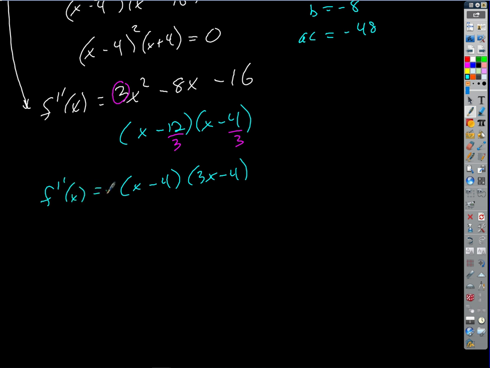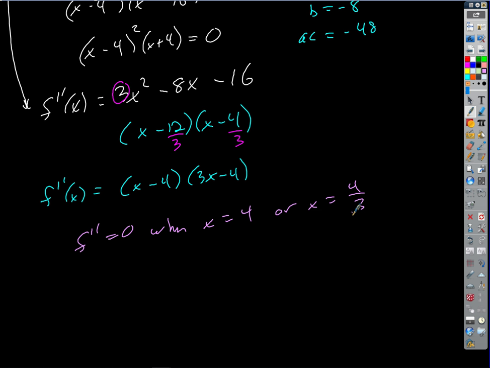Okay, make sense? So what are my zeros going to be then? 4 and 4/3. Okay, good. So f prime equals 0 when x equals 4 or x equals 4/3. Okay? And we didn't have to do that fancy factoring. We could have just plugged it in quadratic formula too, right?